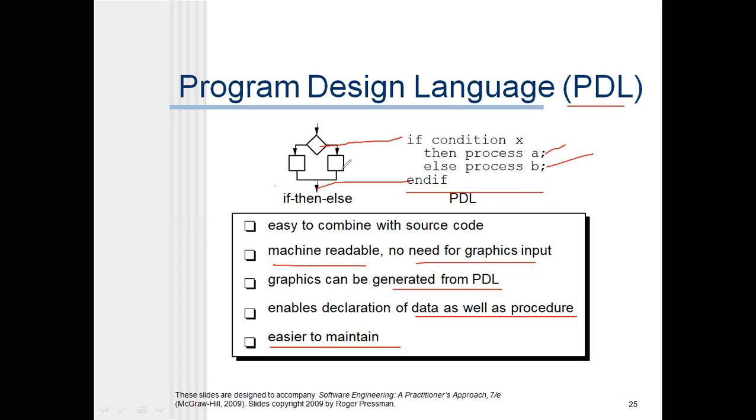If you take a general flow chart or structure, how are we going to implement the PDL? PDL in the sense is like one algorithm, a program design language, right? These are the benefits of that program design language. Clear?